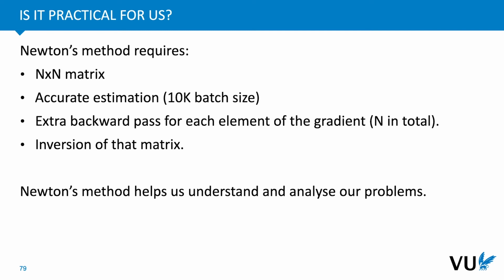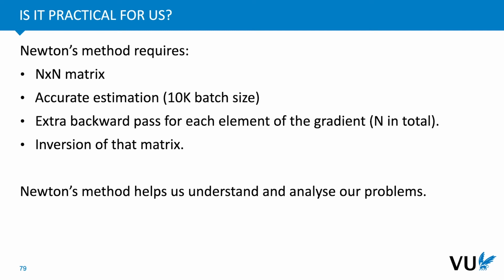Not only that, but we need to accurately estimate every element of that matrix, which requires very, very large batch sizes. Then we need an extra backward pass for each element of the gradient, because we're taking the derivative twice. So after our first backward pass is finished, we need to do another backward pass for each element of that gradient.